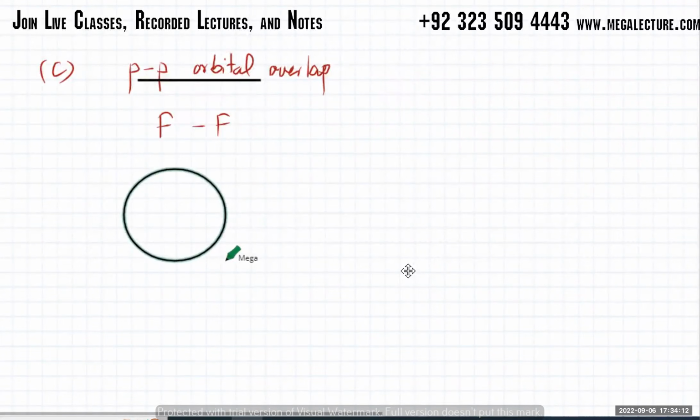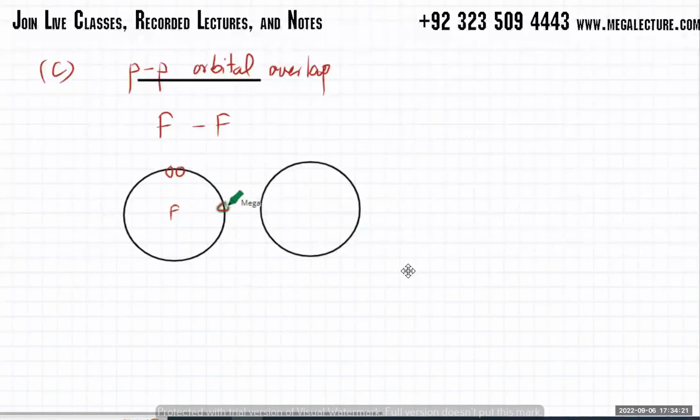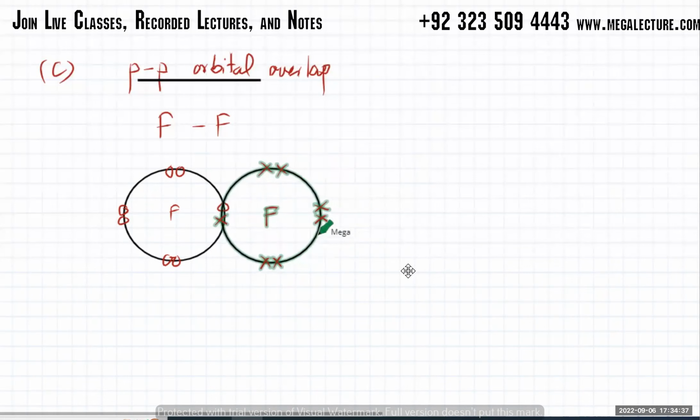Two fluorines trying to complete their outer shells, trying to gain electrons. Both of them have one electron missing. The other fluorine, and these two will overlap, they'll merge in the middle part over here.